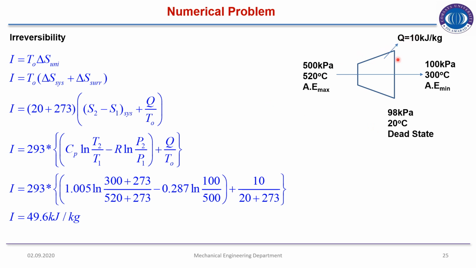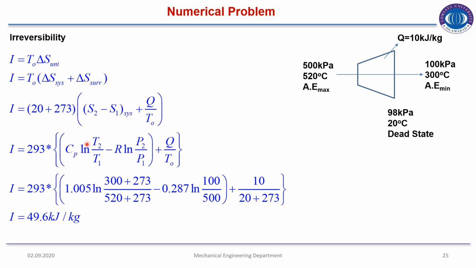The Q amount of heat is leaving the system, rejected by the turbine. So the heat content of the system will decrease and the surrounding heat content will increase. Due to the transfer of heat, there will always be an entropy transfer. So entropy is transferred to the reservoir. The entropy change for the reservoir is equal to Q by T naught.